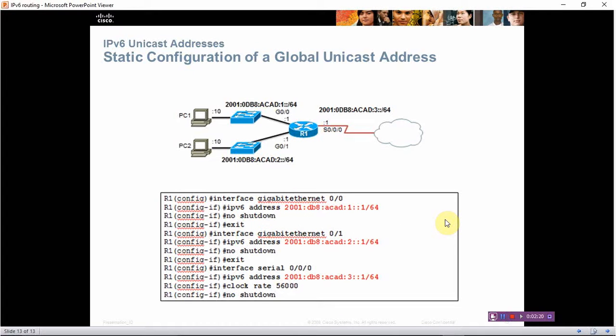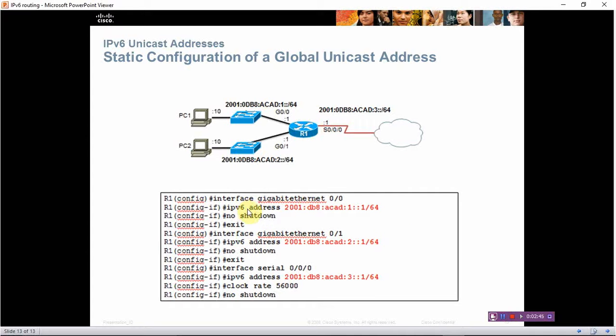And here is the configuration for a global unicast address. Router 1 is connected to a cloud, and two different switches and PCs are connected to it. Here is the command showing how to give the addressing for this IPv6.